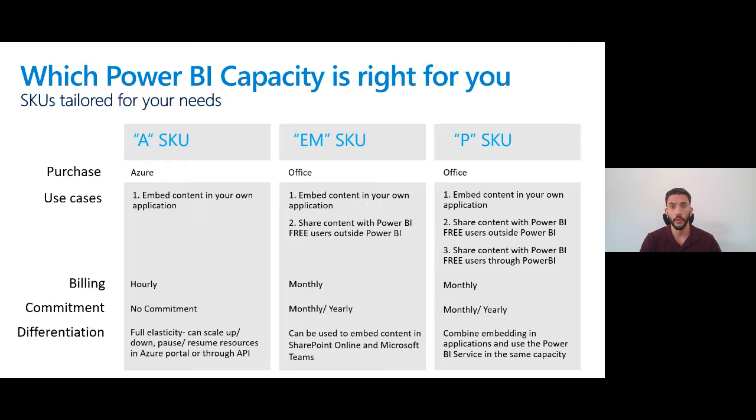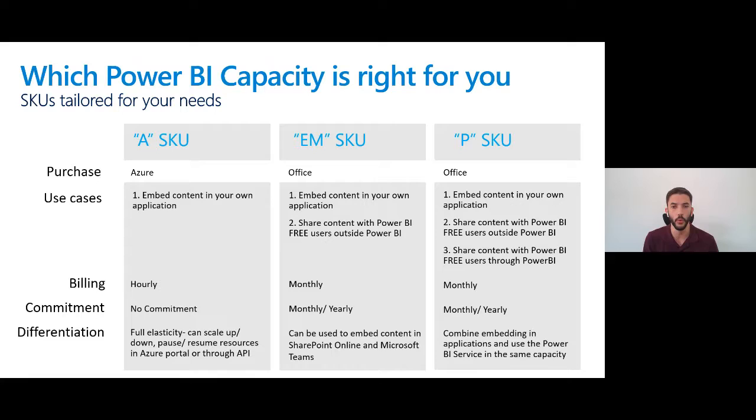You can scale them up and down, you can pause and resume them, and you do all these using the Azure Portal or the APIs. And we have the EM SKUs and P SKUs, where these let you embed your content in your application, and it lets you share it with free users, and all your users need to have a Power BI license if you're using EM or P SKUs.